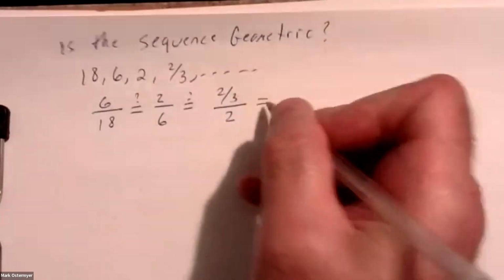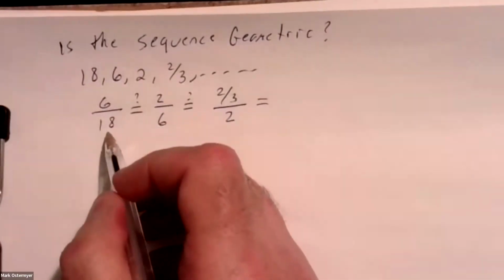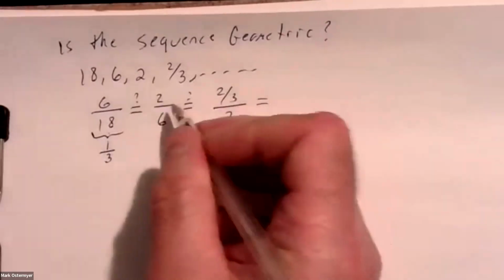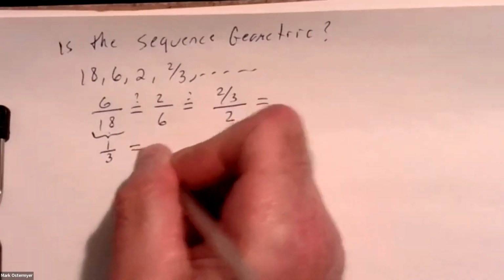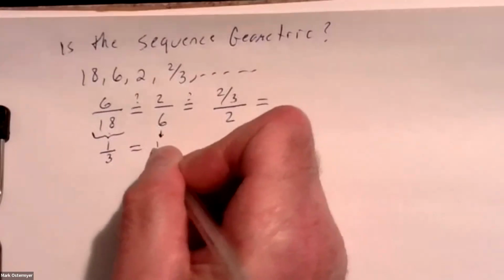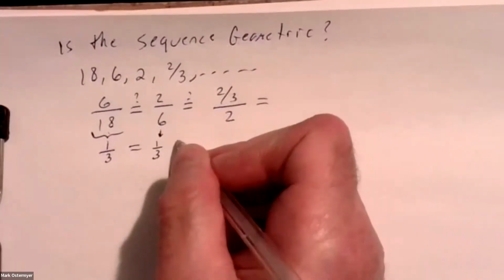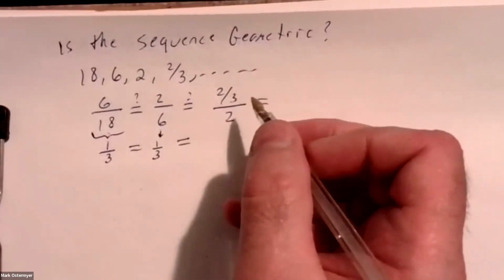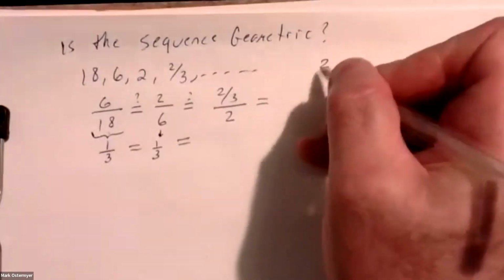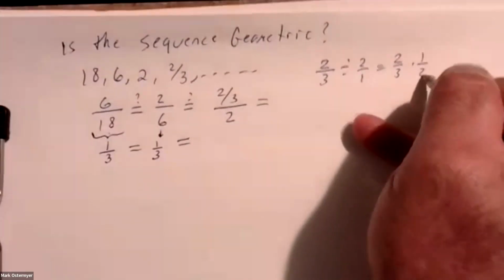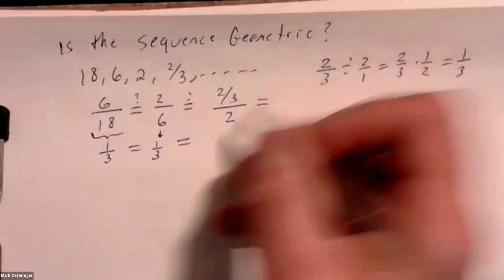Is that the case? 6 divided by 18 appears to be reduced down to 1/3. 2 divided by 6 also reduces down to 1/3. Looks like we got something going on here. But what's 2/3 divided by 2? Is it also 1/3? Well, 2/3 divided by 2/1 is really 2/3 times 1/2, which is really 1/3.